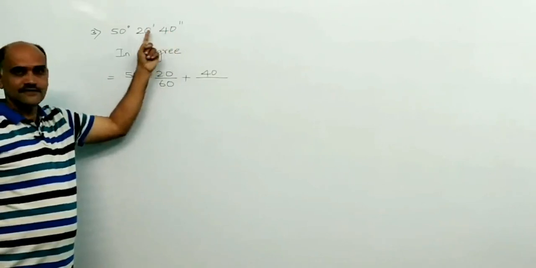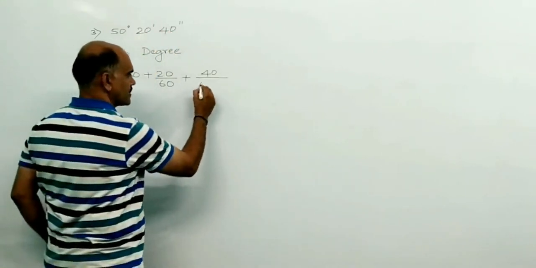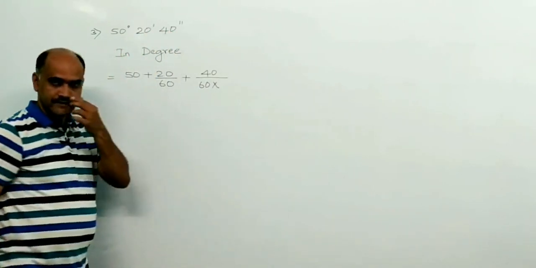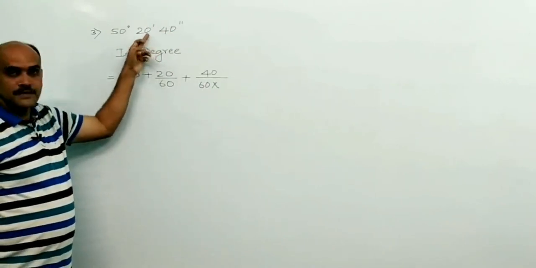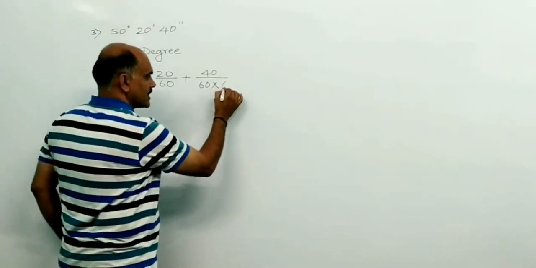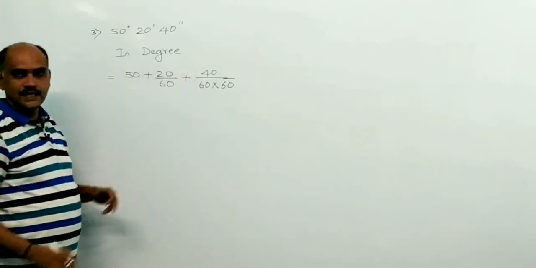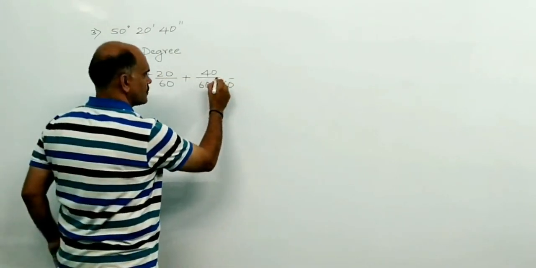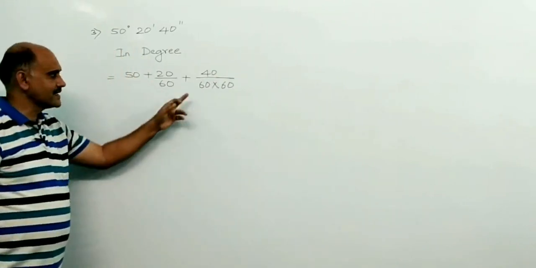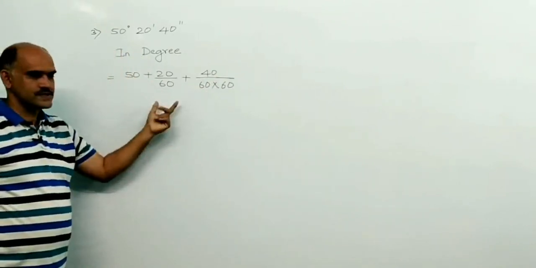Again from minutes to degree you are required to divide by another 60. So 40 divided by 3600, that is 60 into 60, you will have it in degree.